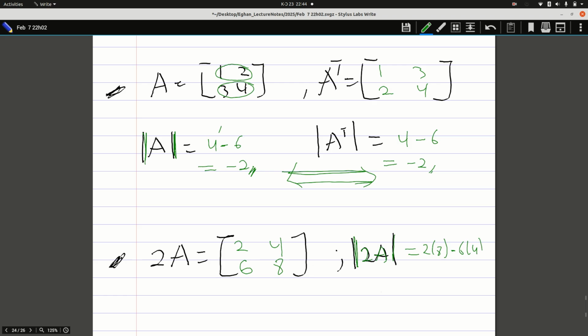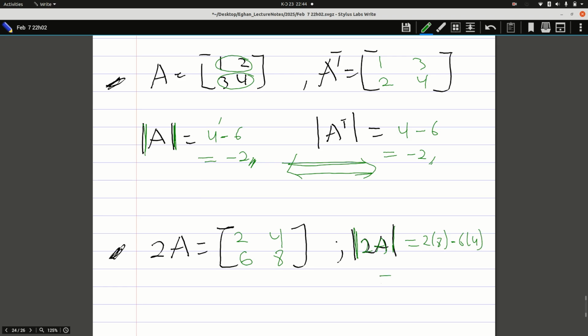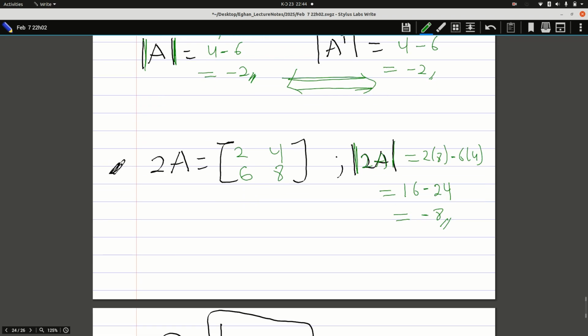And that is going to be 16 minus 6 times 4 is 24. I hope I'm right. And that results to negative 8. Negative 8. Is that correct? I'm not so sure about that, but let's see what we can do.